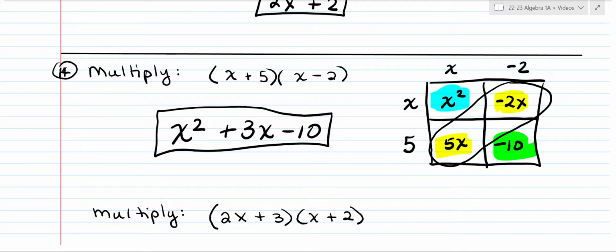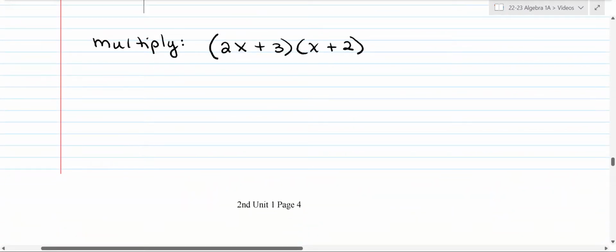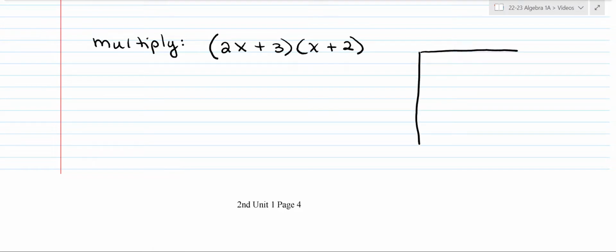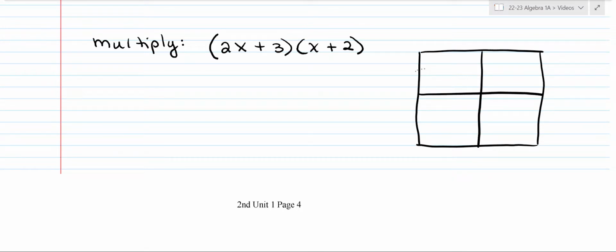Okay, same thing here. There's only one way that I have shown you how to multiply. We haven't done the distributive method yet, but we will. 2x, 3, and then x and 2. So now you multiply. This is 2x squared.